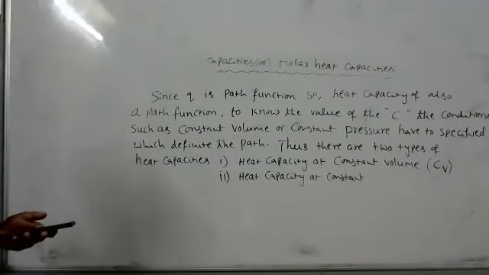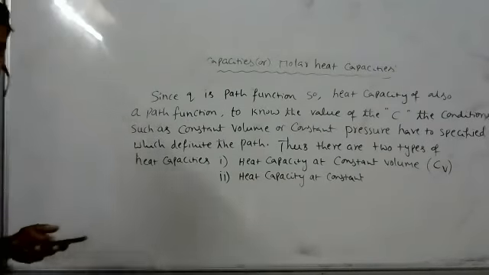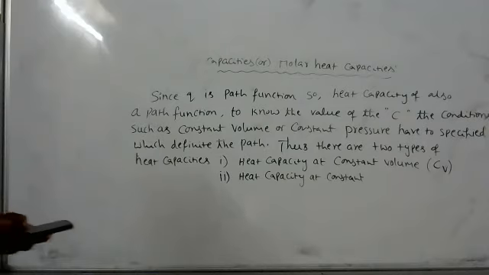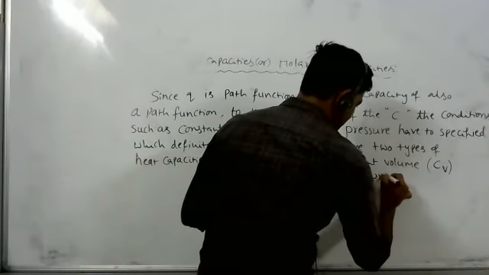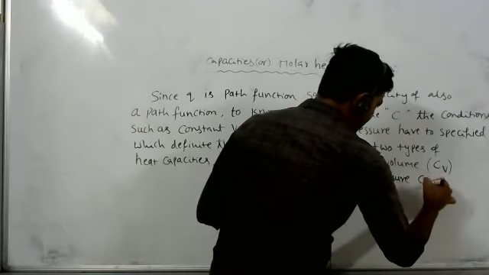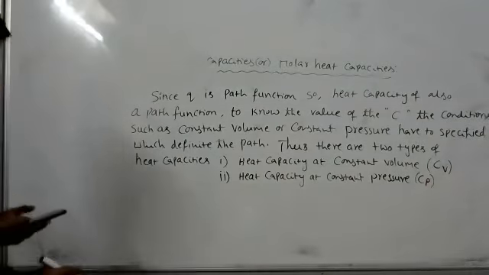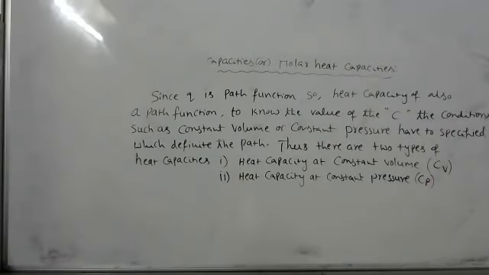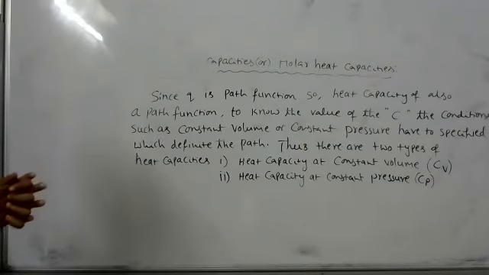So to determine the path of a system, we need to keep either the volume or the pressure of the system constant. So which defines the path means either pressure or volume. Heat capacity at constant pressure is denoted with Cp. Heat is a path function, right?